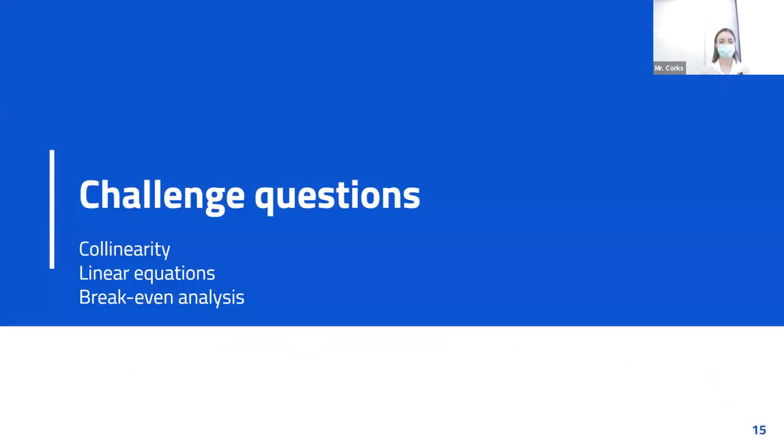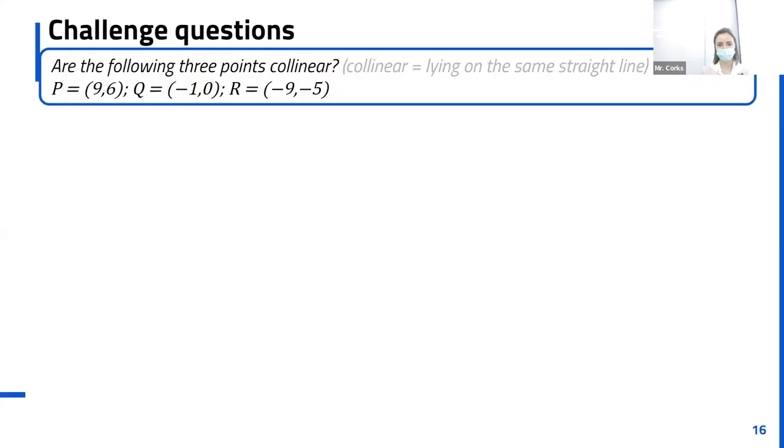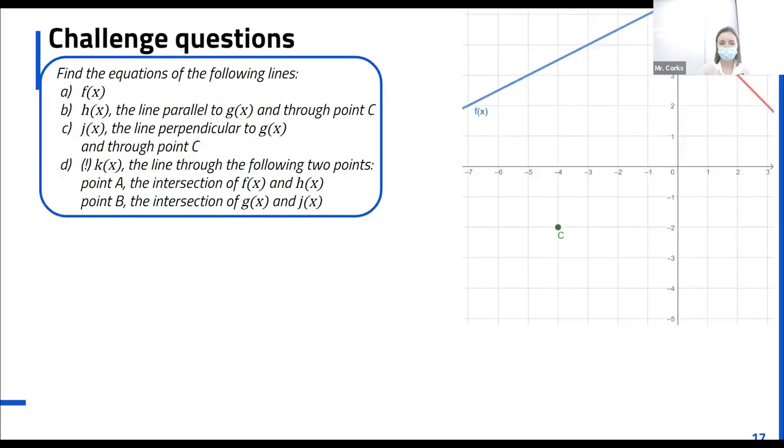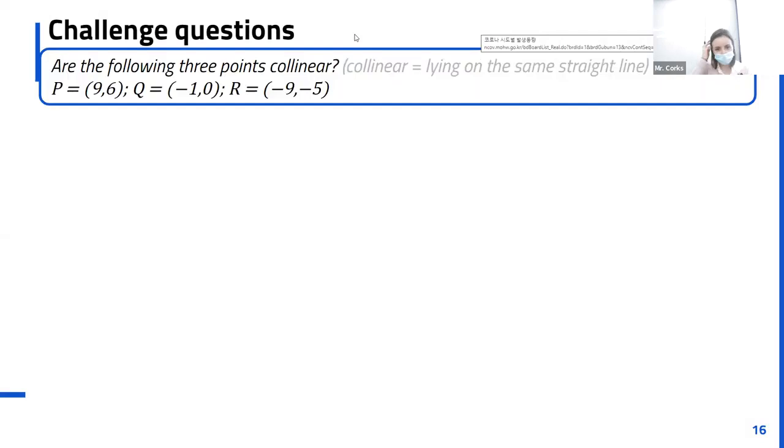So let's look at challenge questions, which are not so challenging as you might expect. So for the first question, we need to find out whether all these 3 points lie on one line.